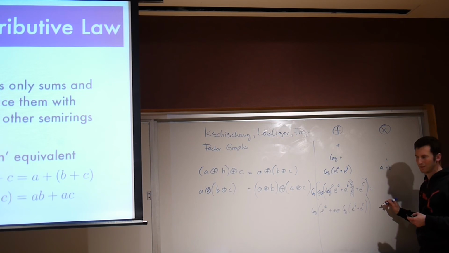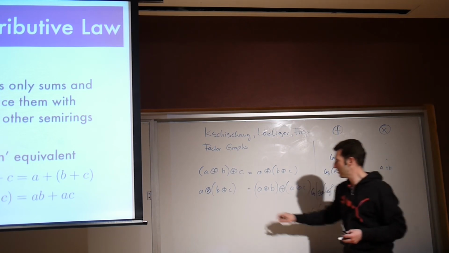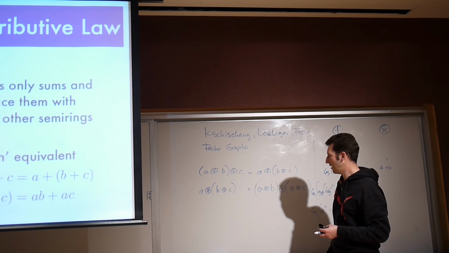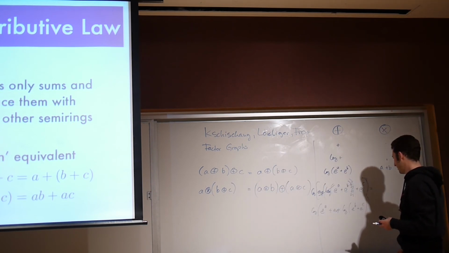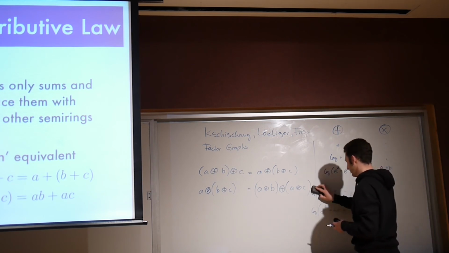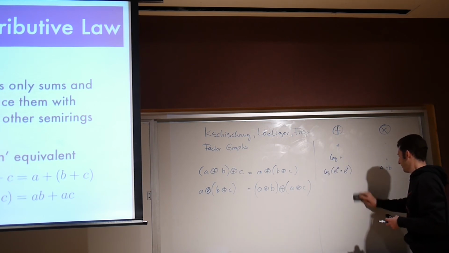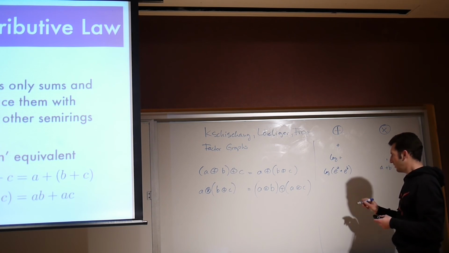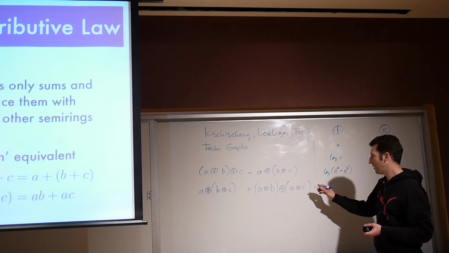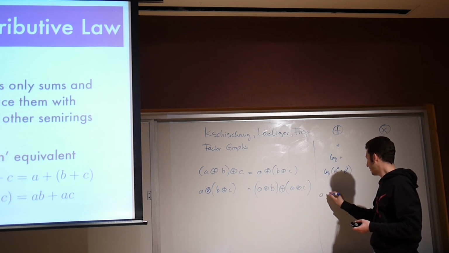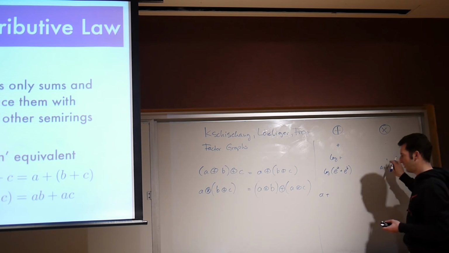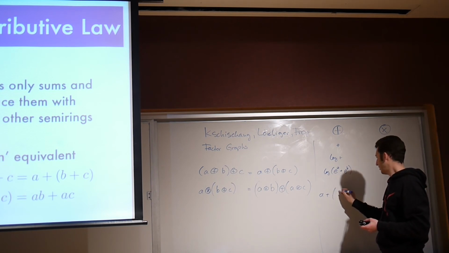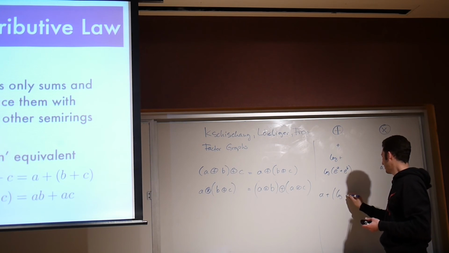So that's easy. Now let's show that the second condition holds, that A times B plus C is A times B plus A times C. So in this case, we have A plus, because that's basically the times operation. And now we have log of e to the b plus e to the c.